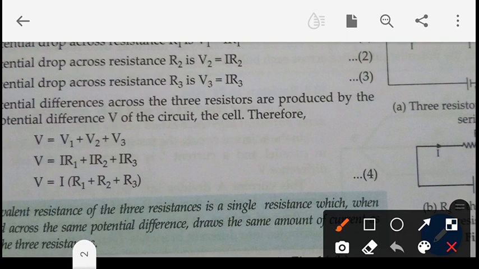In this way, the whole voltage V is divided across the resistors as V1, V2 and V3. The values of V1, V2 and V3 are placed in this equation, and here I have taken I common.